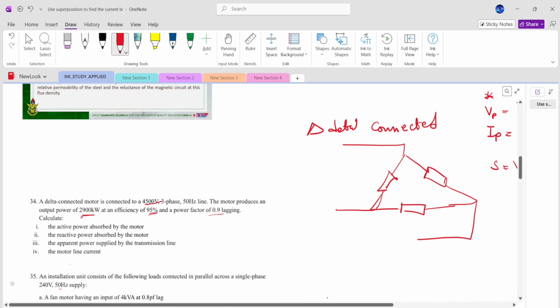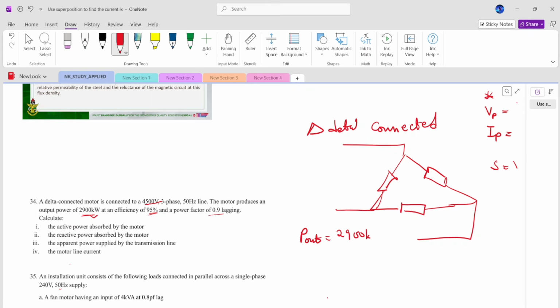So the motor produces an output power of 2900 kilowatts. So this time they've given us P out to be 2900 kilowatts, and they've given us efficiency to be 95%. That's 0.95, and power factor to be 0.9 lagging.